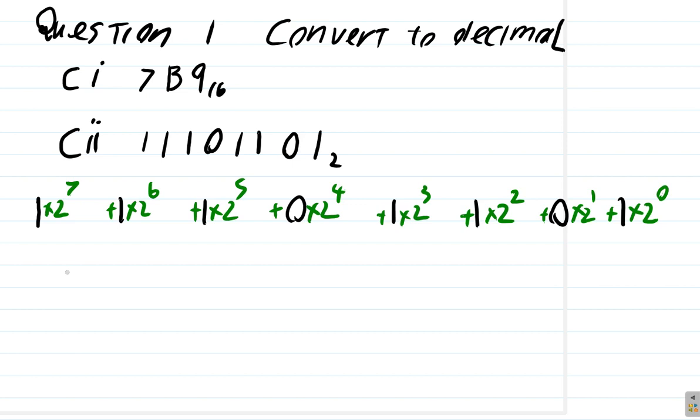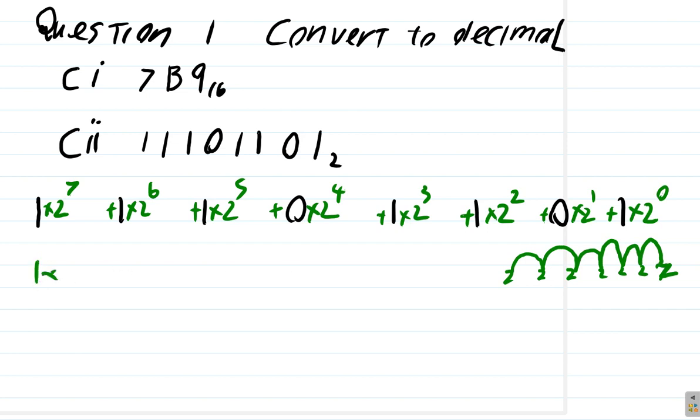What is 2 to the 7? Now 2 to the 7 means you have 7 twos. 1, 2, 3, 4, 5, 6, 7 twos. And they all multiply. 2 twos 4, 4 twos 8, 8 twos 16, 16 twos 32, 32 twos 64, 64 twos 128.